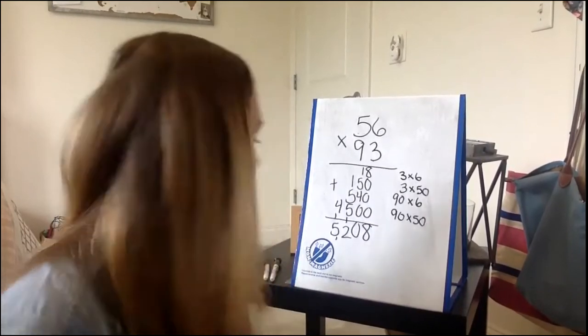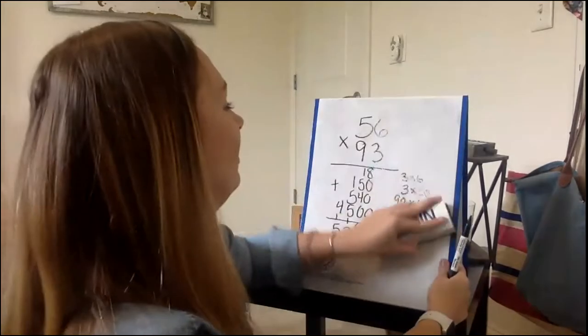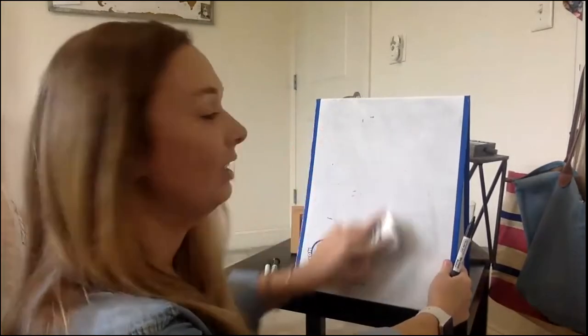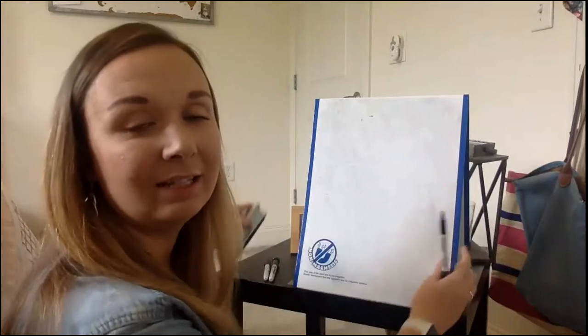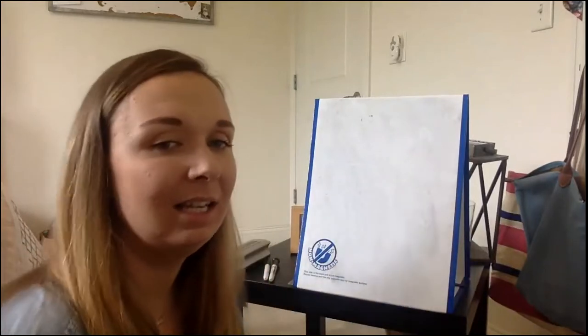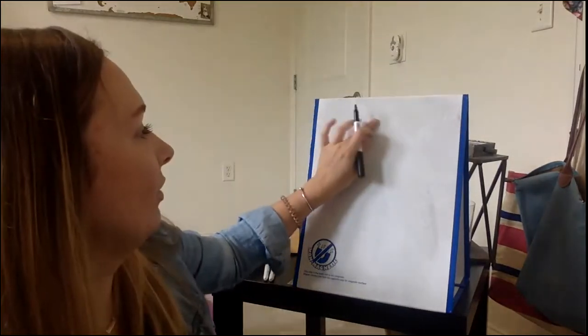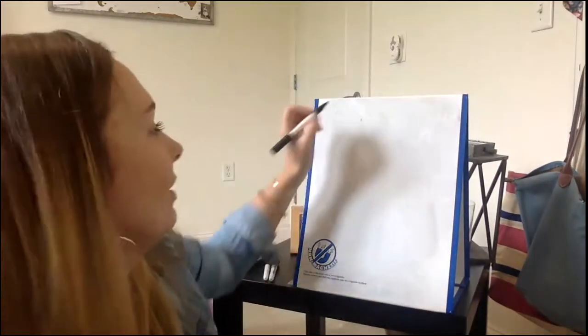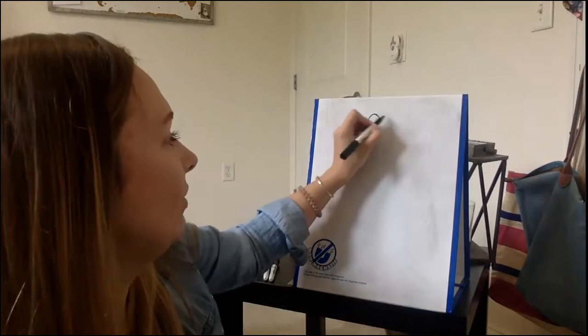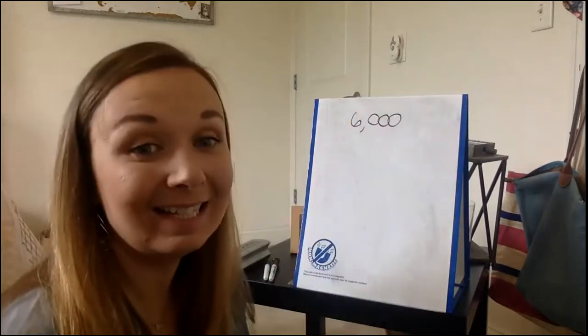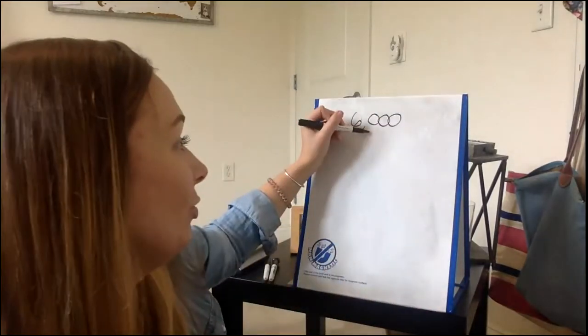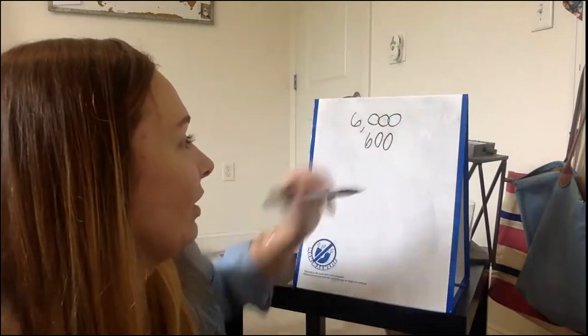Good job. Moving on to the second one: the 6 in 36,047 is blank than the 6 in 34,607. So let's look at the 6 in the first number. That 6 is in the thousands place, so it has a value of 6,000. The 6 in the second number is in the hundreds place, so it has a value of 600.